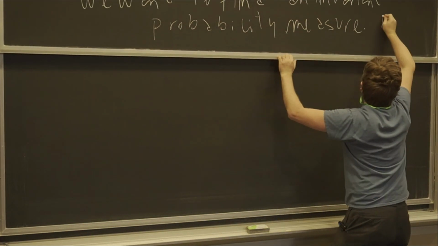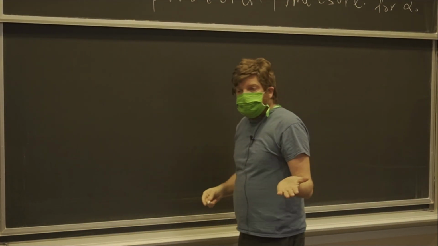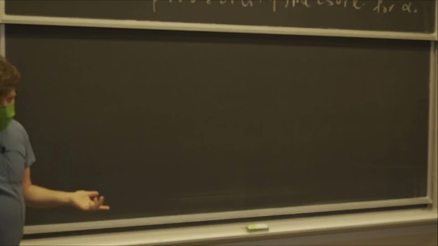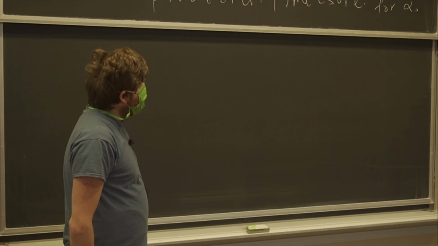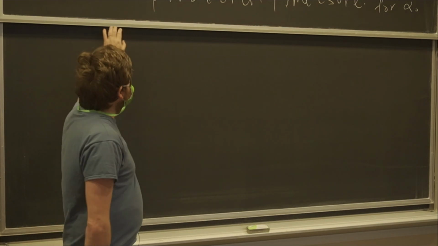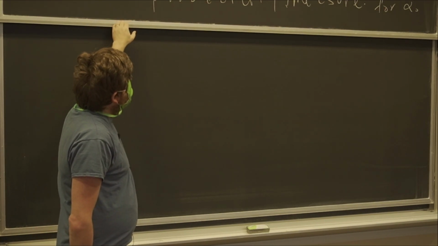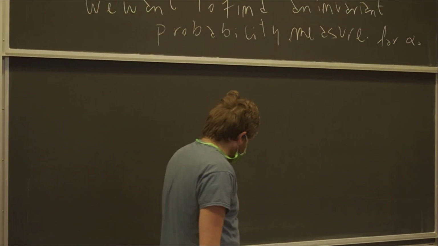Okay, for us. So if we can do this for any action, no matter what the compact metric space is, then we are done. Okay? So we need to find this invariant probability measure.